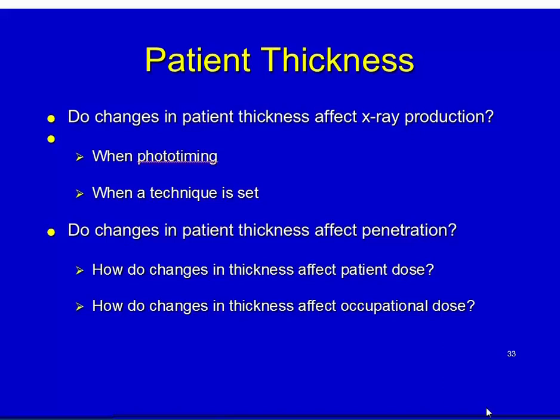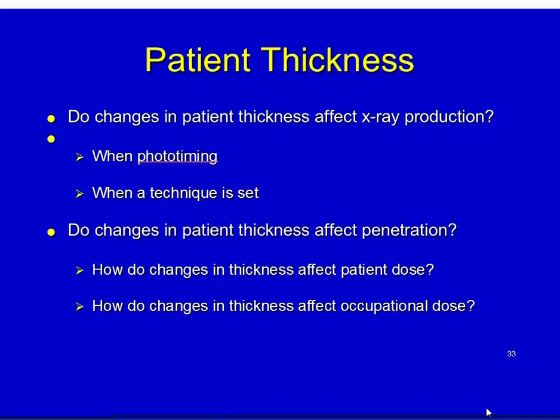So if you take an asthenic patient and put them in front of the phototimer, and your phototimer is set to terminate the exposure at 5 mR exposure to the phototimer, that's not to the patient, but to the phototimer, it's going to send a signal to the timer circuit to discontinue the exposure when it receives that 5 mR. If you put a hypersthenic patient in front of it, it does not recognize the change in patient size.